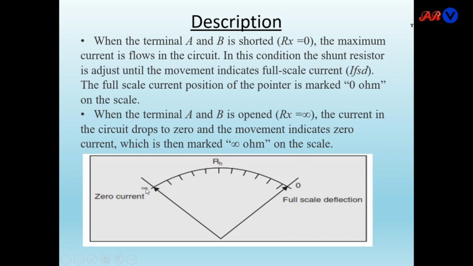Infinite resistance means 0 current, and 0 resistance means full scale deflection, because a short circuit is present here, so it will give full scale deflection current.